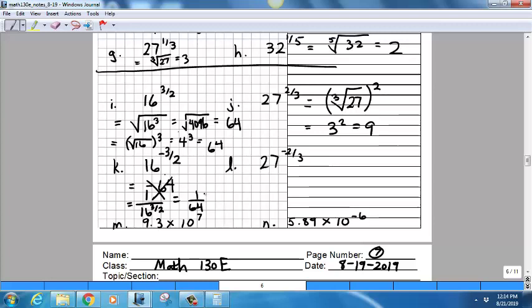Perfect, exactly. 27 to the minus 2/3 power means 1 over 27 to the 2/3 power. You take the reciprocal and change the sign of the exponent from minus to positive. We already know that 27 to the 2/3 power is 9, so we end up with 1/9.